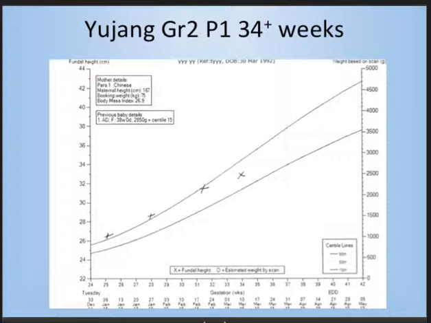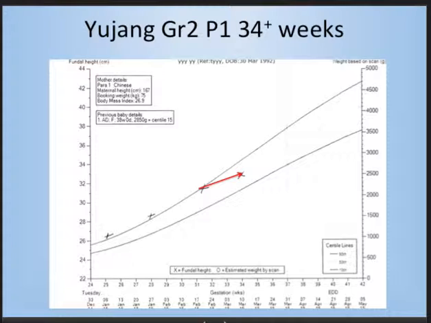We have now a para 1, Yu Yang. She is of Chinese descent and her first baby was 2.8 kilos at 38 weeks, which was the 15th percentile. Look at the fundal height chart and the trend. Yes, well done.